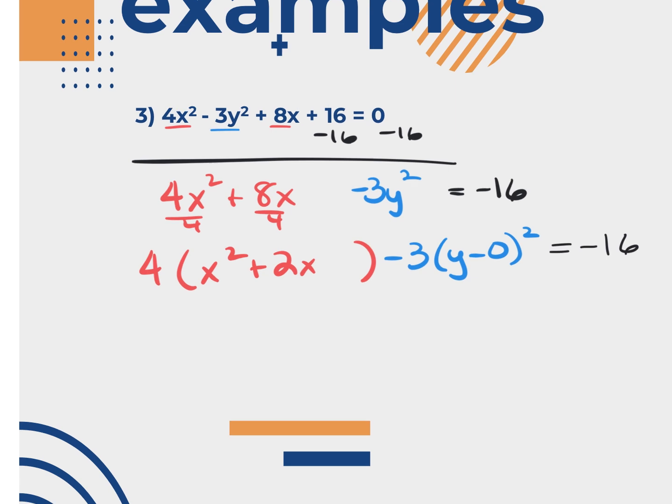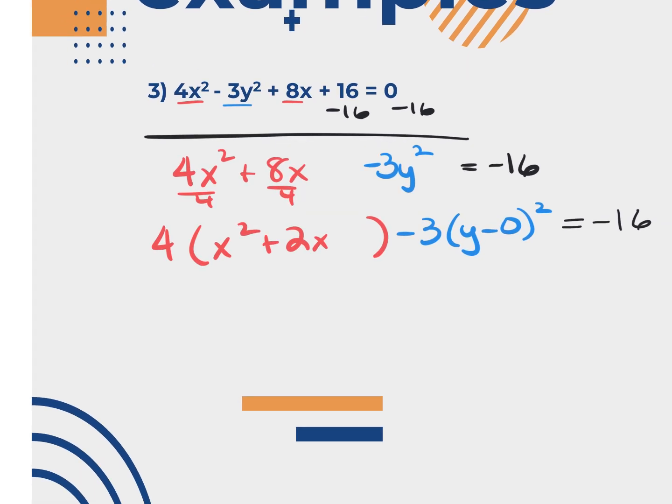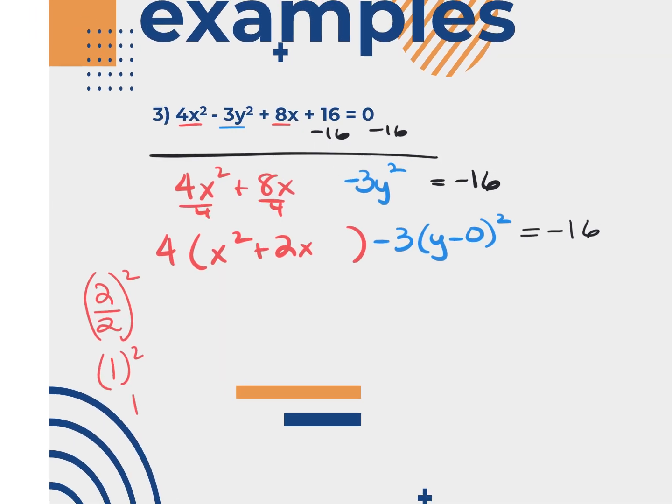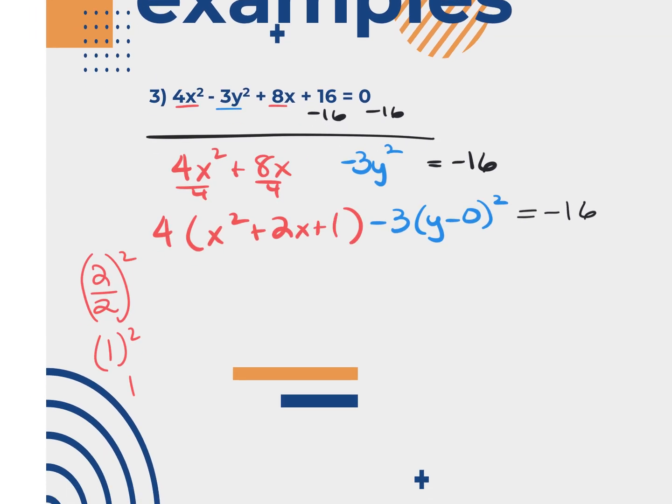So now for the red, take the b term, divide it by 2, and square it, and I get 1. So then I'm going to be adding plus 1 squared here. But remember, the GCF times what you would have been adding, so it's plus 4. So now let me factor the red.